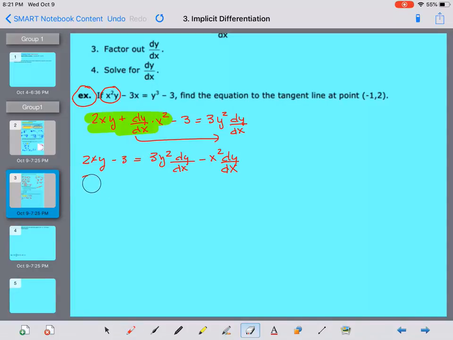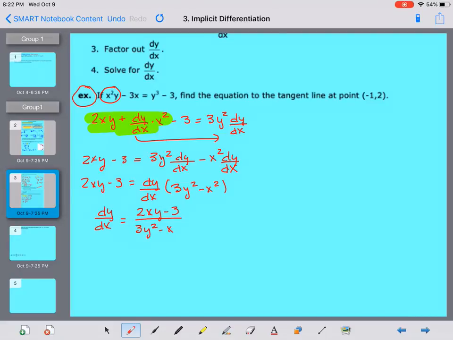I don't know where the 3 came from. I get that factoring out, which means my dy dx is equal to 2xy minus 3 over 3y squared minus x squared. So there's my derivative part.